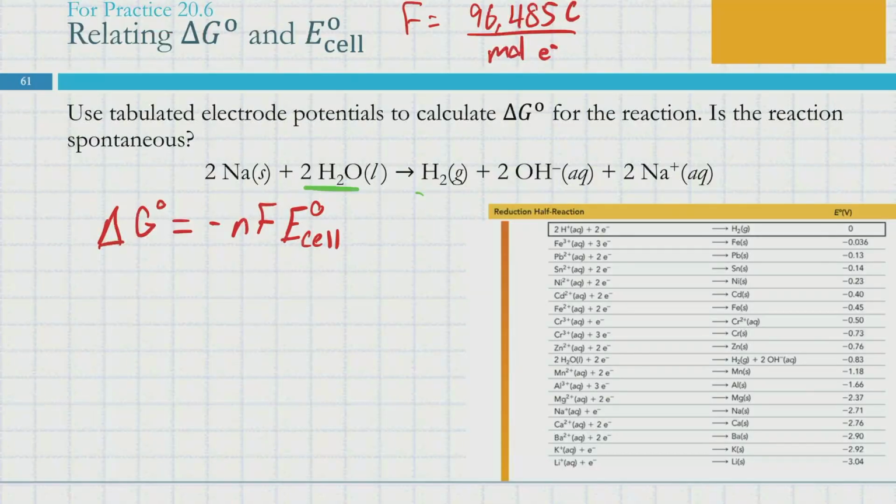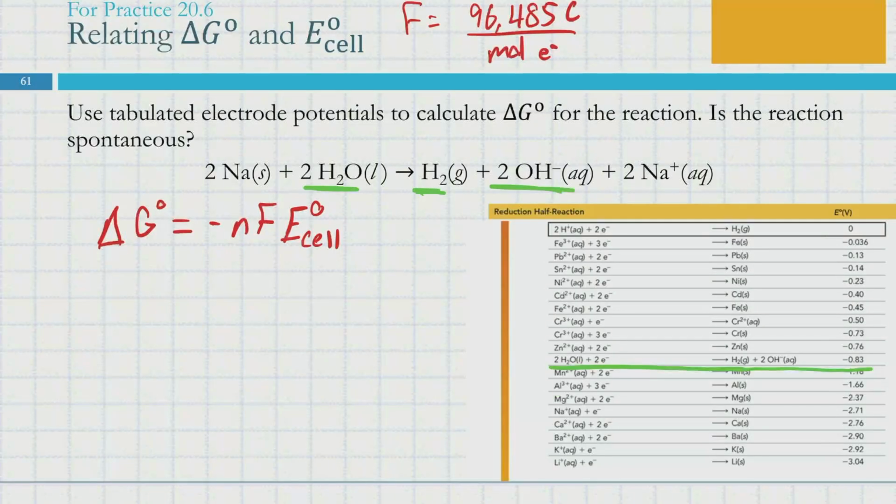So we've got H2O with H2 and 2OH minus. That's going to be down here. Right, there's our half reaction. It's got H2O on the left, and H2 and OH minus on the right. So that's our first reduction half reaction.